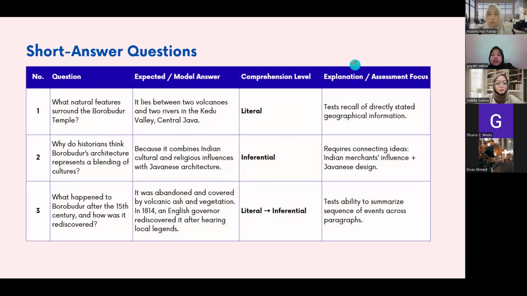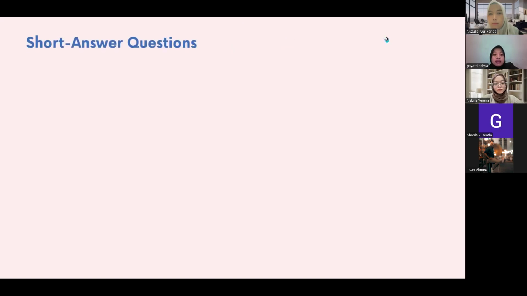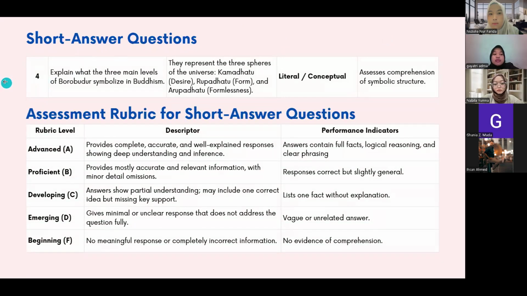Okay, let's move to another type of question that we can use to assess students' reading skill. This is the short answer question. And I have made four questions.